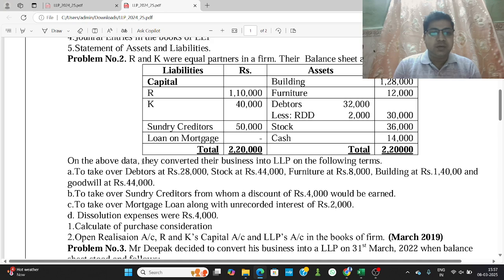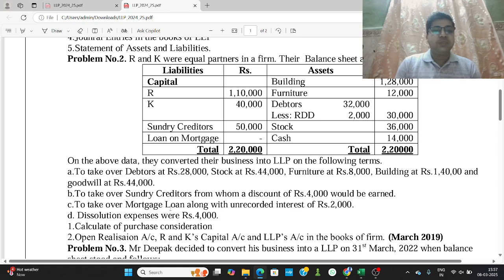On the above data, they converted their business into a limited liability partnership on the following terms: A. To take over debtors at rupees 28,000, stock at rupees 44,000, furniture at rupees 8,000, building at rupees 1,40,000, and goodwill at rupees 44,000. B. To take over sundry creditors, from whom a discount of rupees 4,000 would be earned.